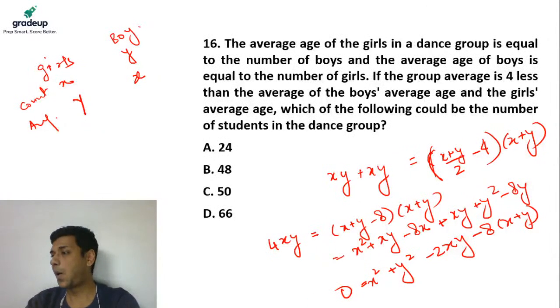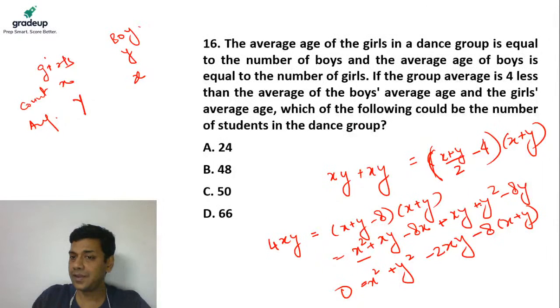Yes or no? So basically, taking 4xy to the other side will become minus 2xy because we already have plus 2xy over here. Minus 8x minus 8y.